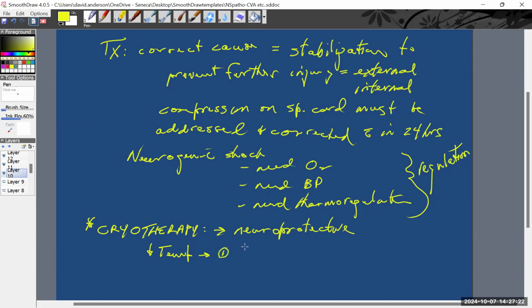One thing we know, that if we decrease the temperature, we decrease ATP demand. We decrease metabolism, which means we're decreasing ATP demand. So less ATP, less work, less concern about the reduced amount of oxygen and glucose that may be being delivered to this compressed area of the spine. We know that the cold temperatures also regulate or inhibit inflammation.